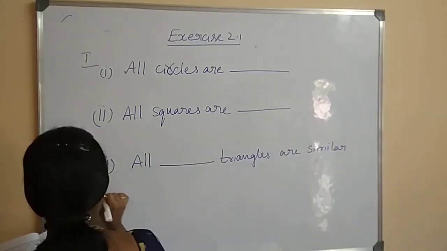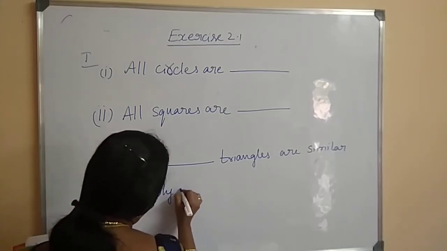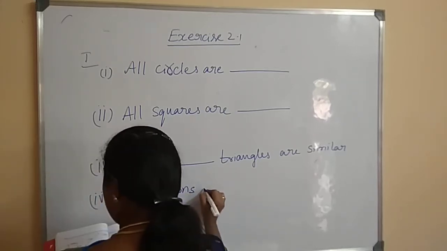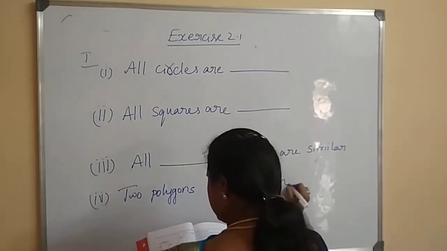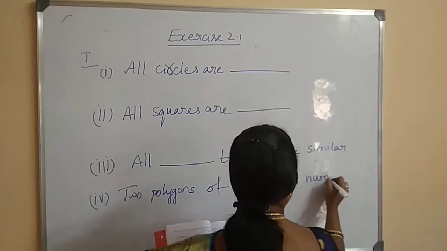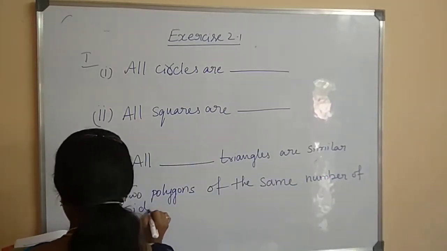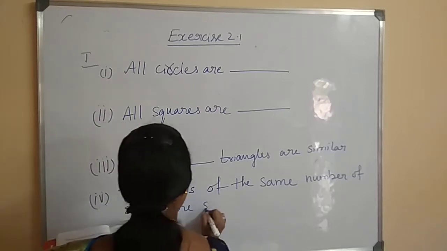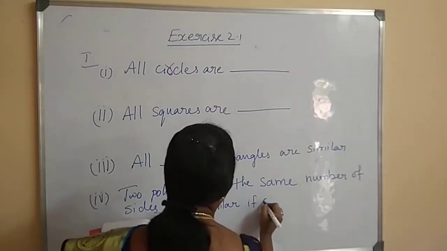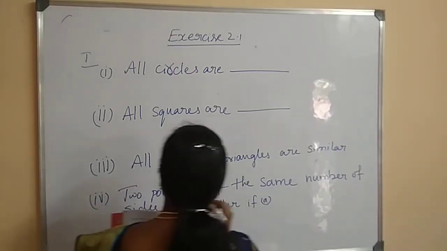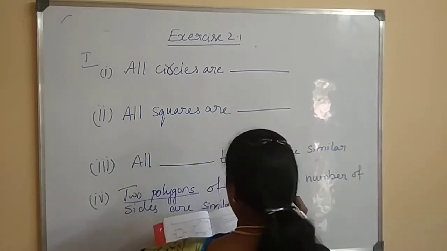And fourth question, 2 polygons of the same number of sides are similar if, what are the conditions? The 2 polygons wants to become similar means what are the conditions?